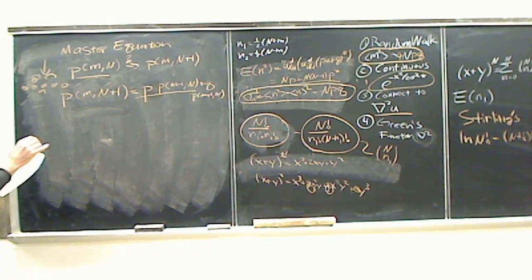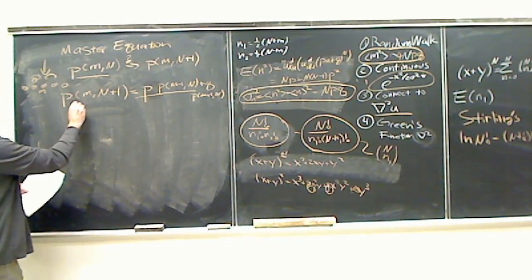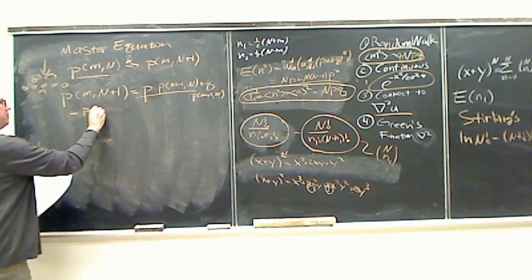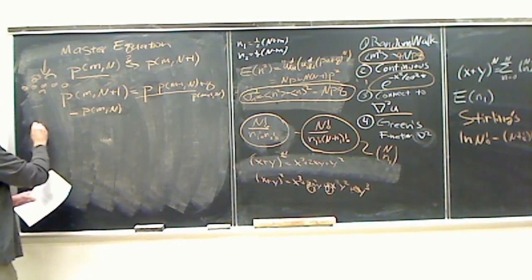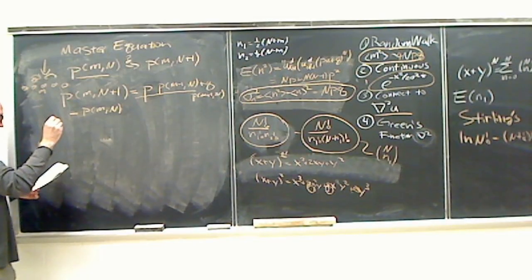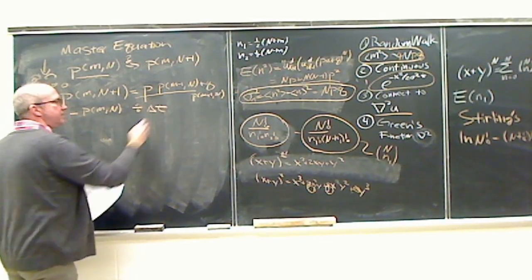So let's do a little bit of algebra. We're going to subtract P of m, n from both sides, and then we're going to divide by delta t.